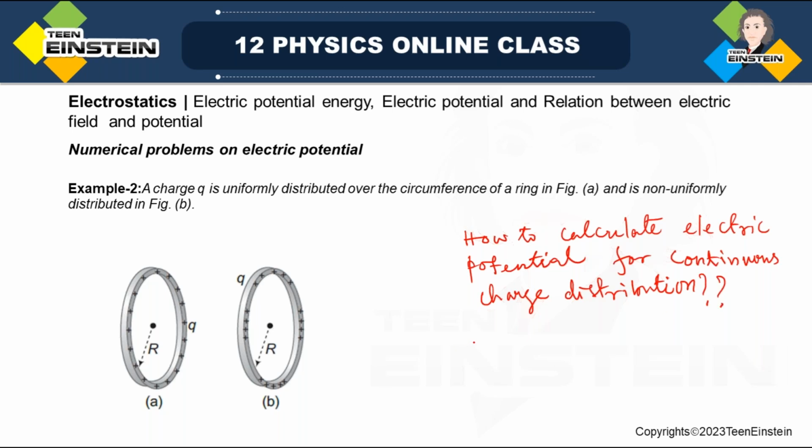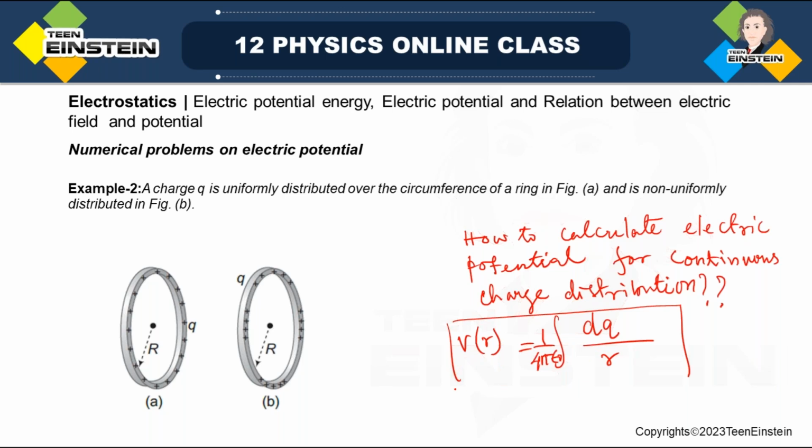If suppose there is a continuous charge distribution of charge delta Q, in that case, this could be written as integration dq divided by 4 pi epsilon naught r.